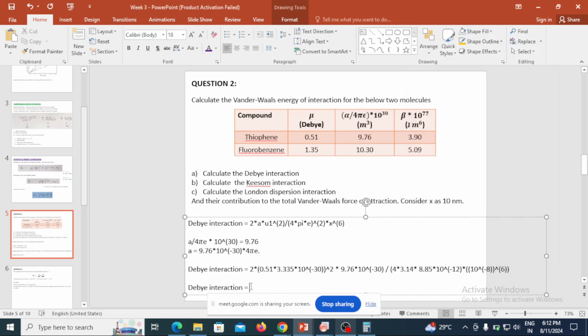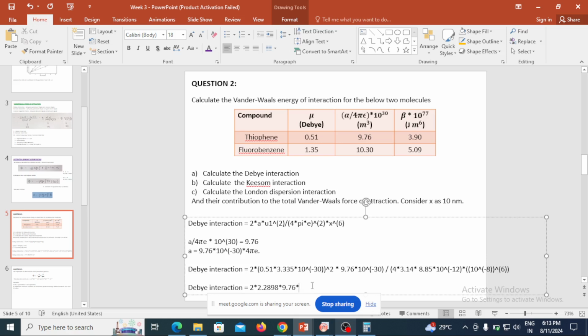So let me just write this, 2 times 2.2898 times 9.76, and here you have 10 power minus 30 the whole square, so that will become 10 power minus 60, and here you have 10 power minus 30.